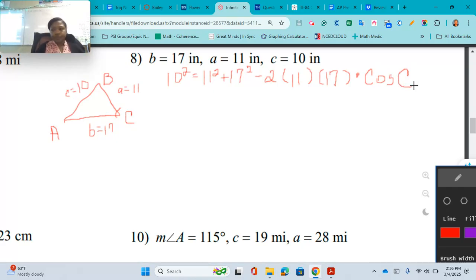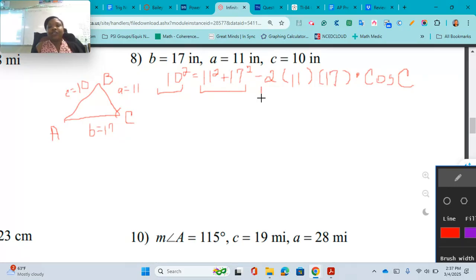All right. Let me write this down. And then we're going to pull out our handy dandy calculator. You got 4 minutes. I could do this in 4. I could do this, because I can do all things. All right. So we're going to plug in the 10 squared. Well, we already know what 10 squared is. 11 squared plus 17 squared.